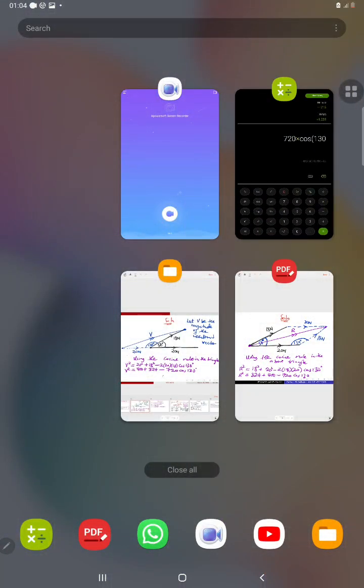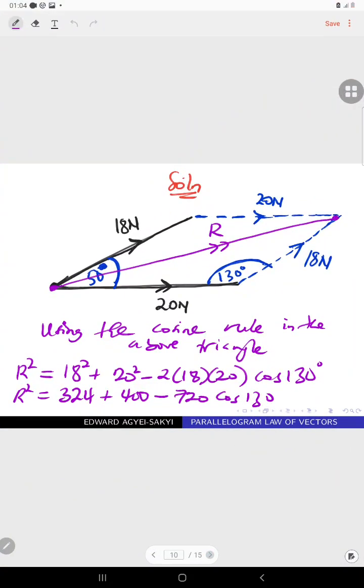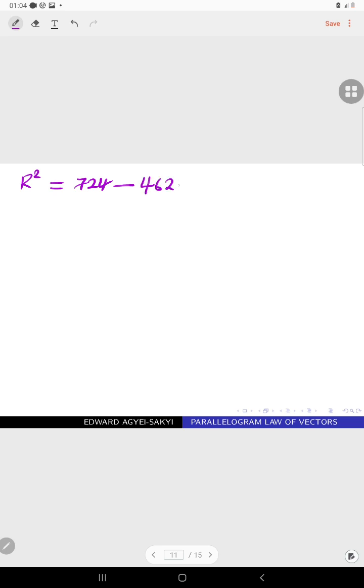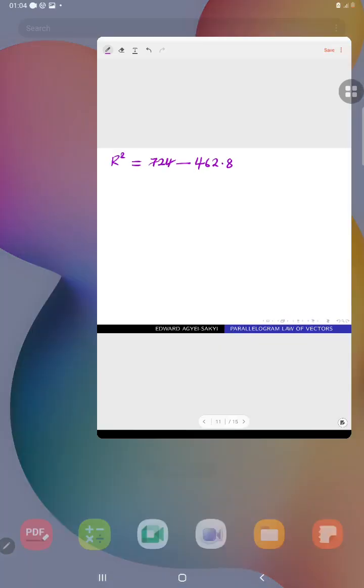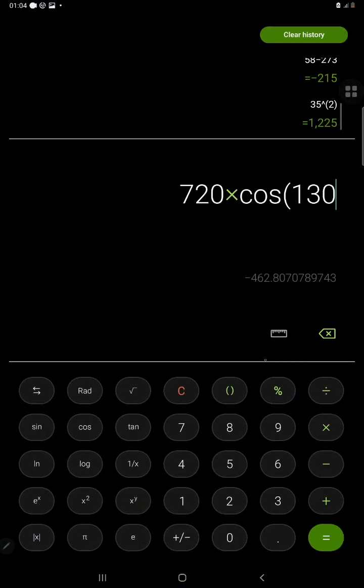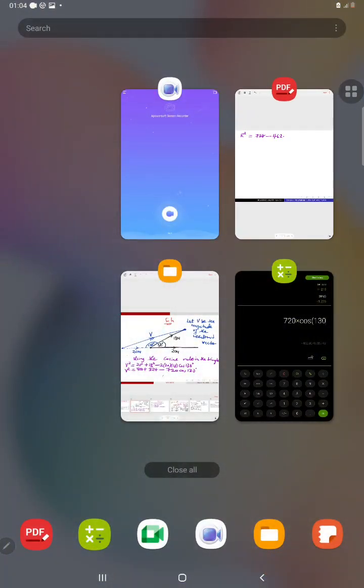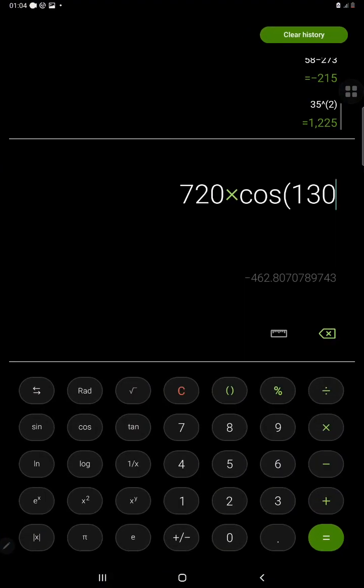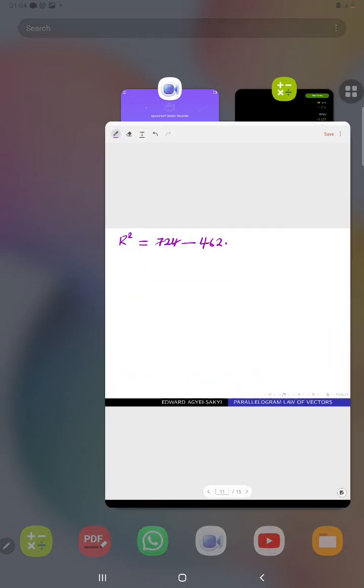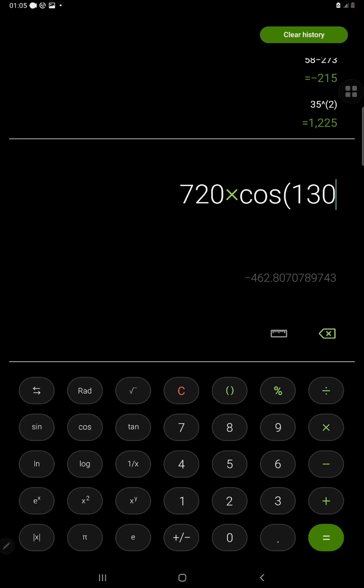Let me check, I don't want to make a mistake. 462.807079.